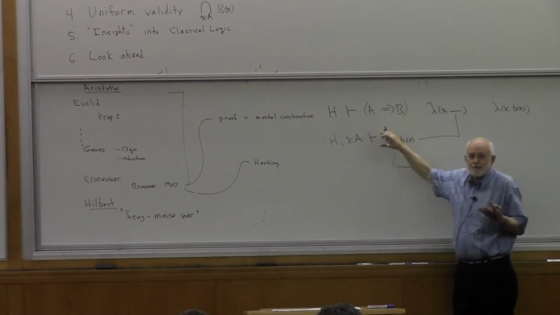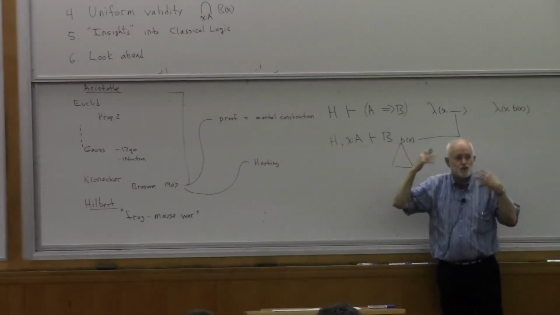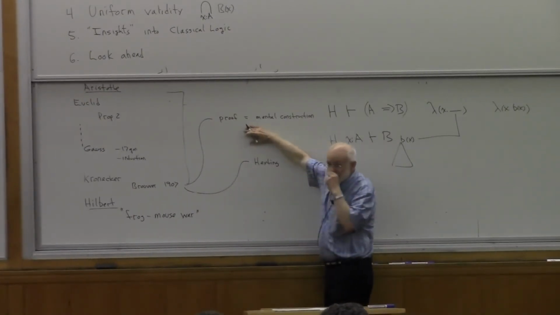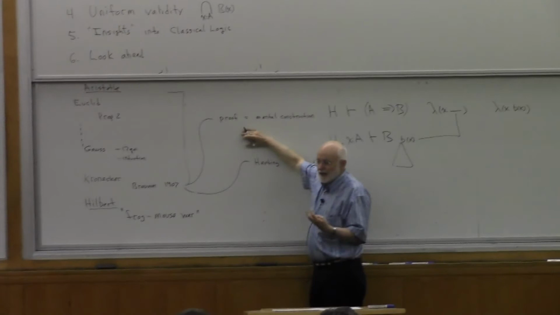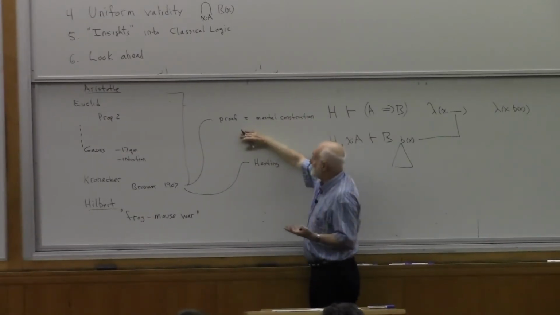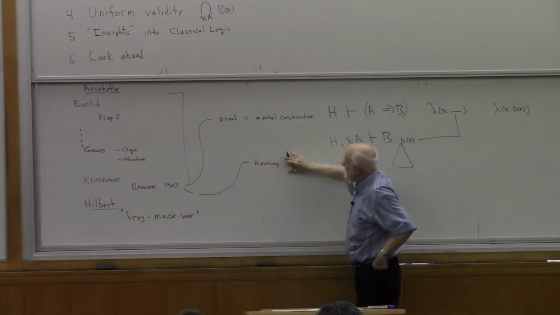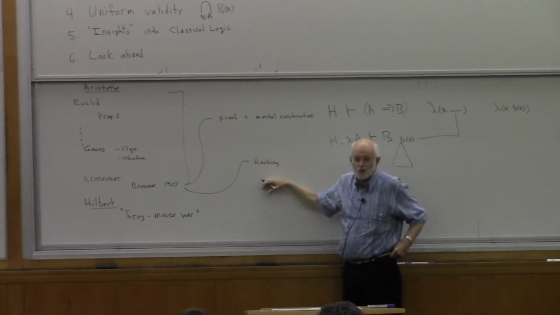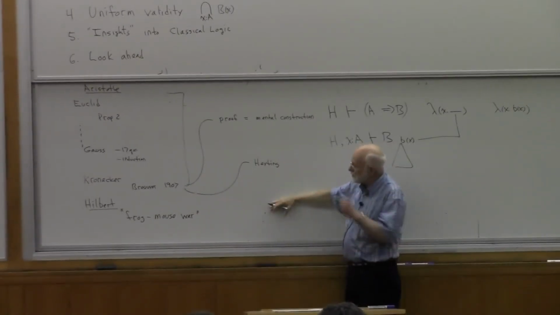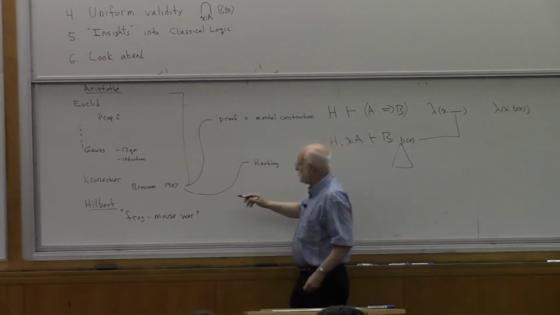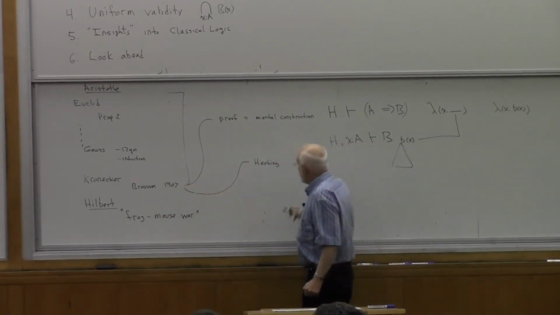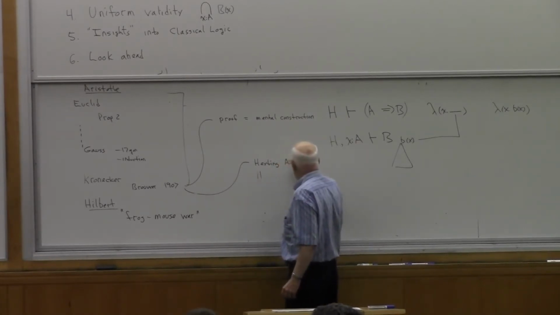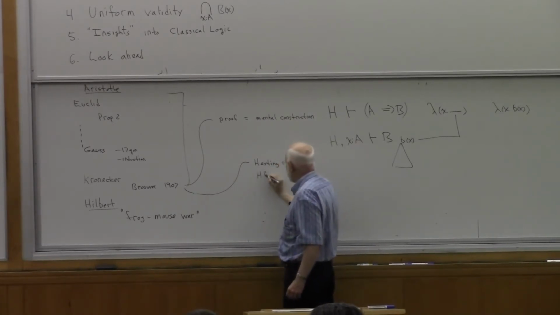You don't have to write proofs down. These are things you do in your head to convince yourself that something is realizable, constructible. But Heiting said, look, let's just compromise a little bit and write down the rules. So he wrote down the rules of Brouwer's logic, and did it for arithmetic, and we call that arithmetic to this very day Heiting arithmetic, so HA.